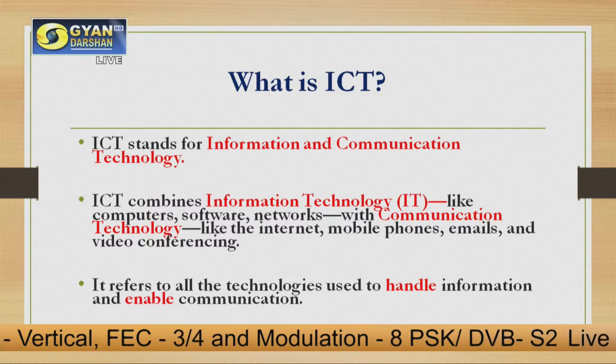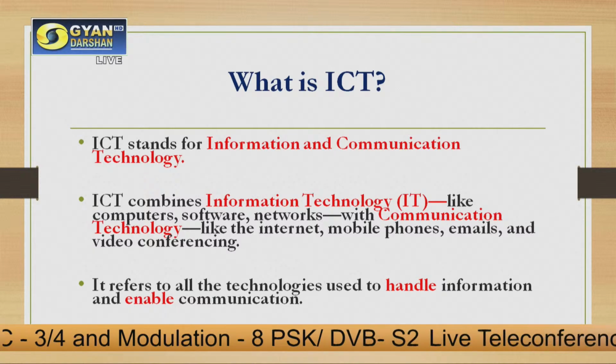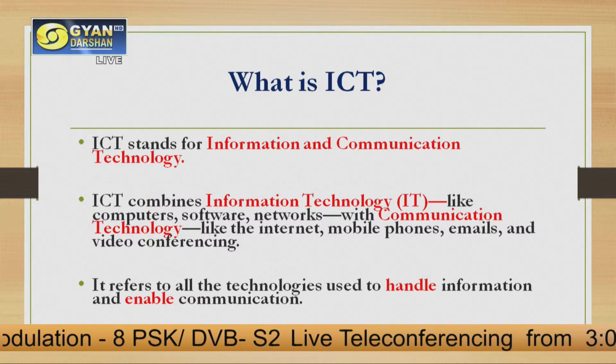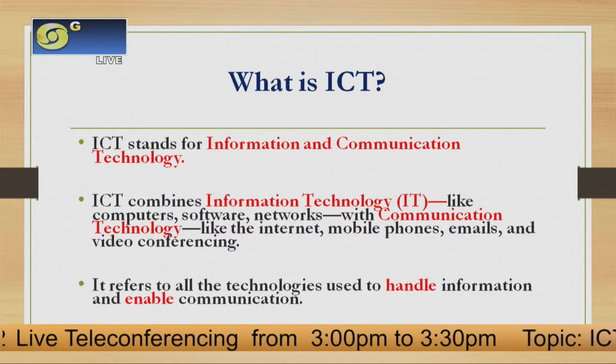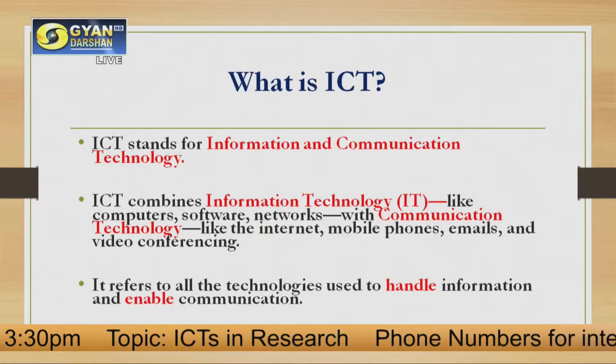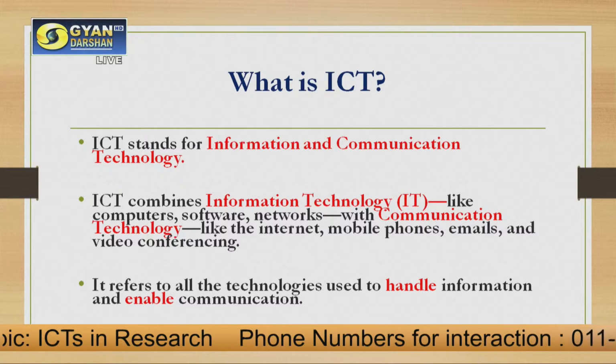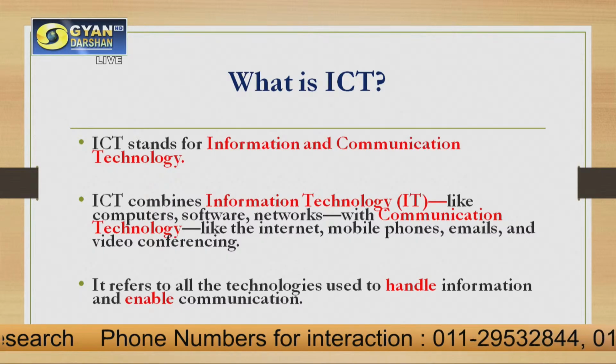While communication technology includes all those technologies which we can use for sharing information. There are various technologies, as you see on the slide, like internet, mobile phones, emails, video conferencing, and there is no end to that. There are many technologies.